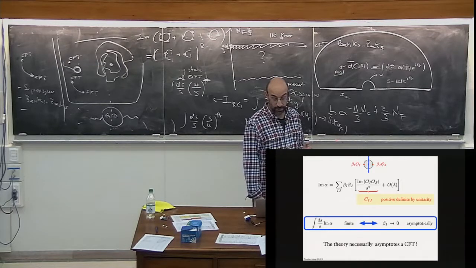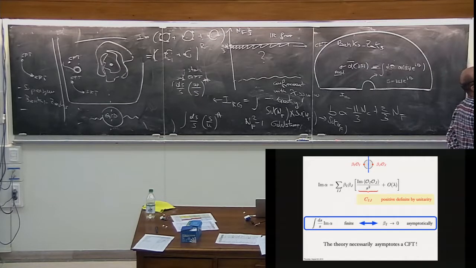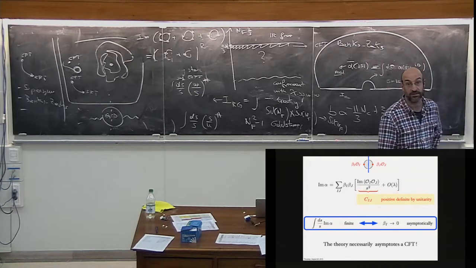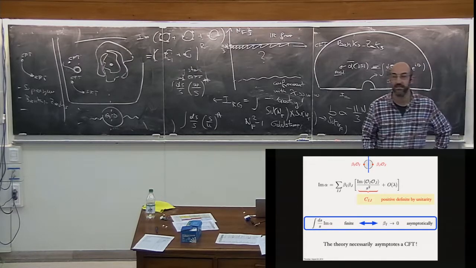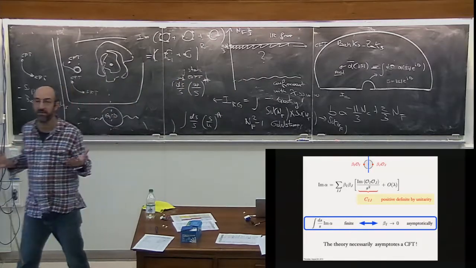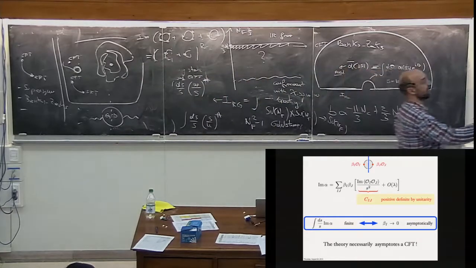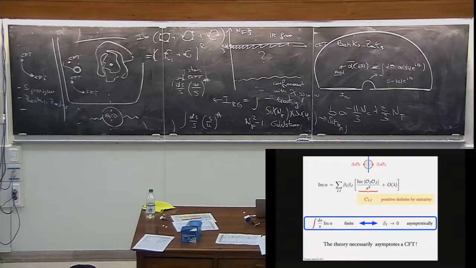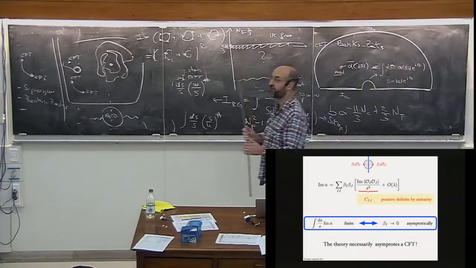So what I need is for this quantity to flow to zero in the asymptotics, okay? Now, if the operator is a physical operator, by unitarity, this quantity here, which is dimensionless, is positive and non-zero. This quantity here can either be zero or positive. If it is zero, it just means the operator is a fake. Your operator has no effect.